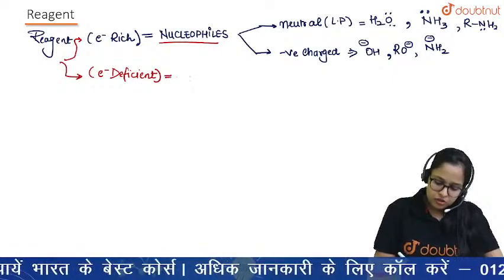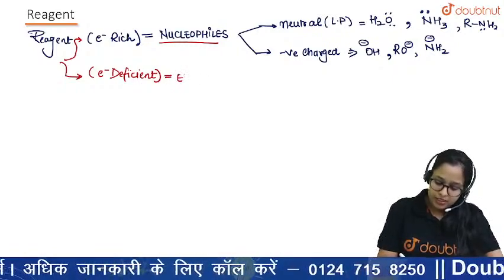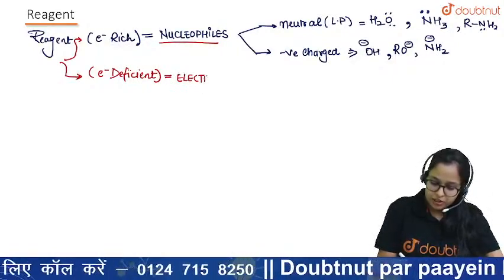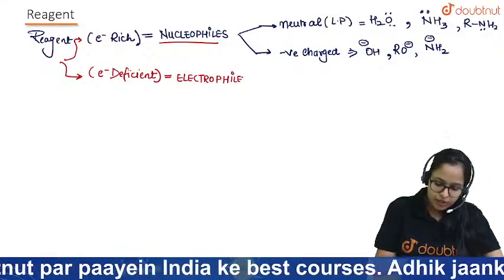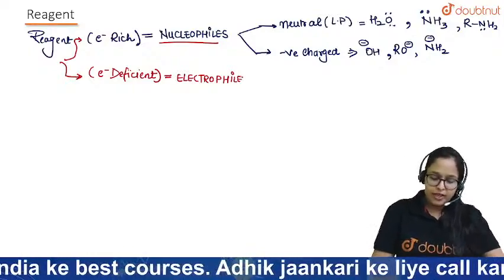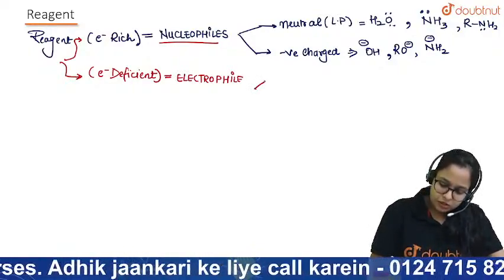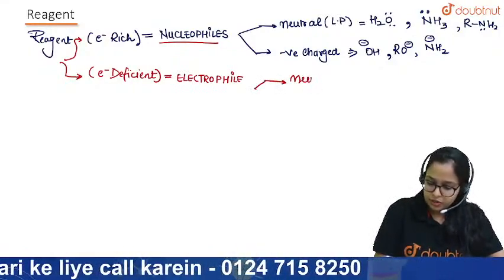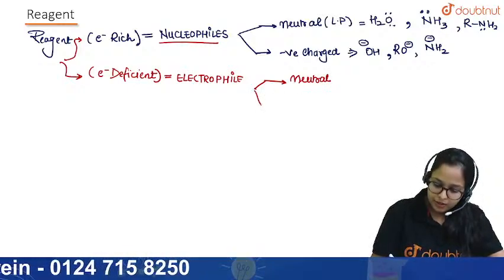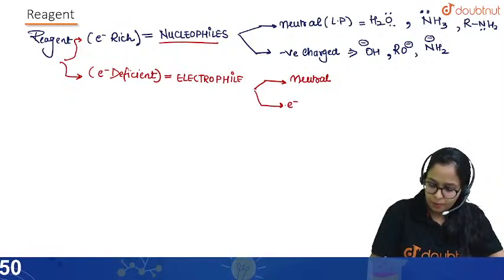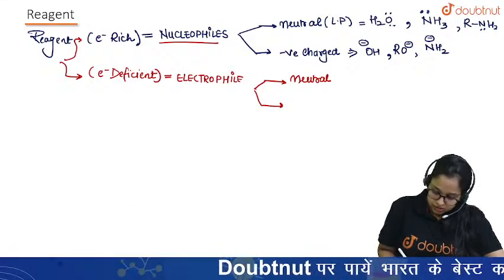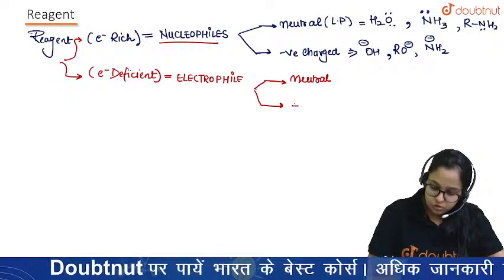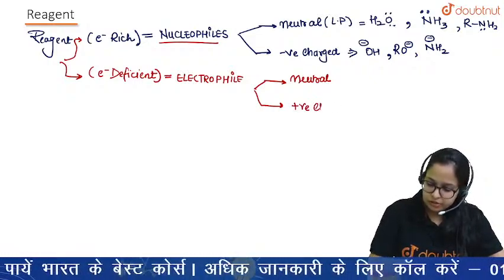An electron deficient reagent is commonly known as an electrophile. Right? So electrophiles can also be classified in two parts. One is neutral electrophiles. Another is positively charged electrophiles. Since it is electron deficient, it is neutral or it can be positively charged.